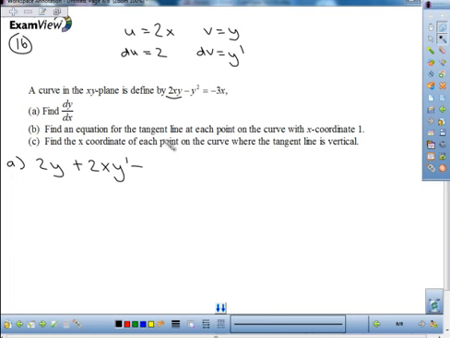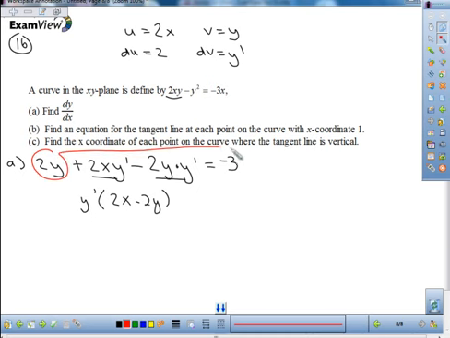The derivative of y squared would be 2y times y prime. And the derivative of negative 3x is negative 3. So I'm going to go ahead and factor out a y prime. And I'm going to subtract 2y from both sides.